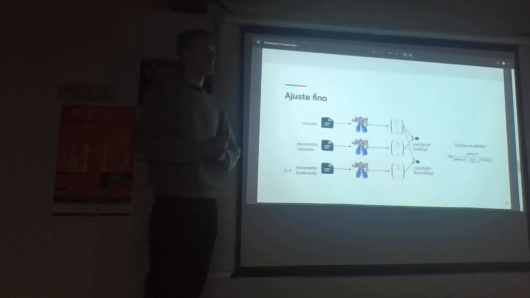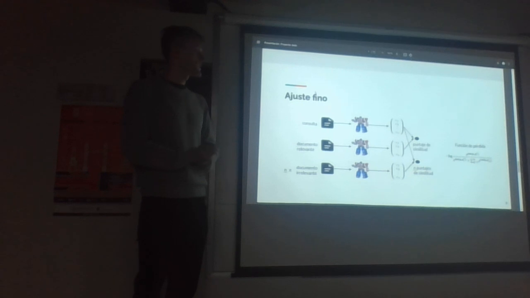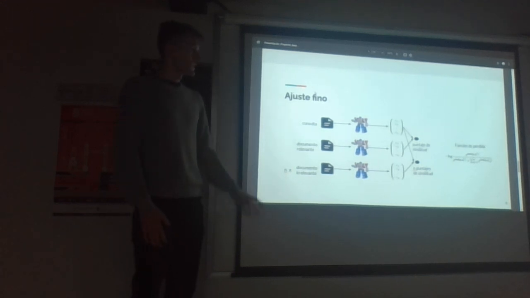So another preliminary is that the data set in information retrieval will contain a number of queries and annotated documents that are relevant to the queries and not relevant to the queries. With these annotations, we can train the model for the information retrieval task.